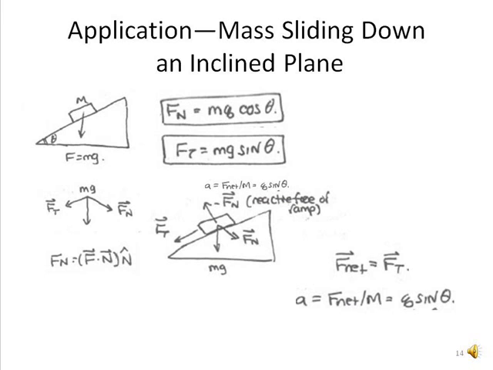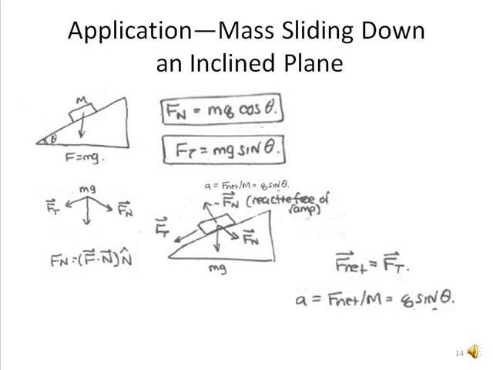Well, consider that a mass sliding down a ramp slides down because of the force of gravity, which we know is equal to mg, and it's in the minus y direction, straight toward the center of the Earth. We can split this force into components.